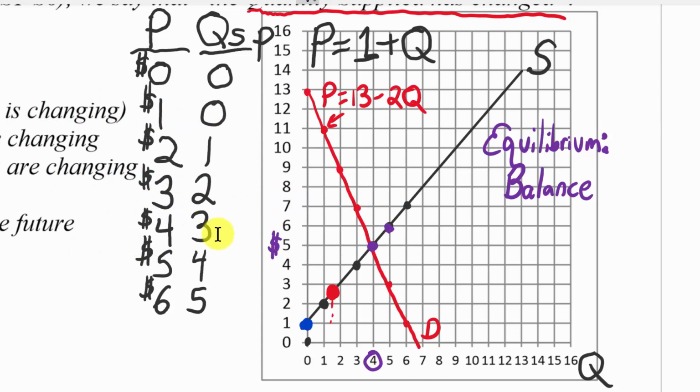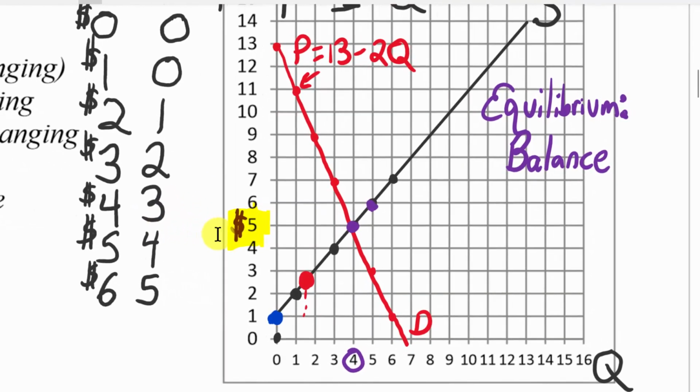Well, the price of $5 and the quantity of 4, that's an equilibrium, or that's in balance, because $5 is the only price where the quantity people want to buy on this demand curve is equal to the quantity that people want to sell on the supply curve. It's the only place where the quantity demanded is in balance with, equals, the quantity supplied.